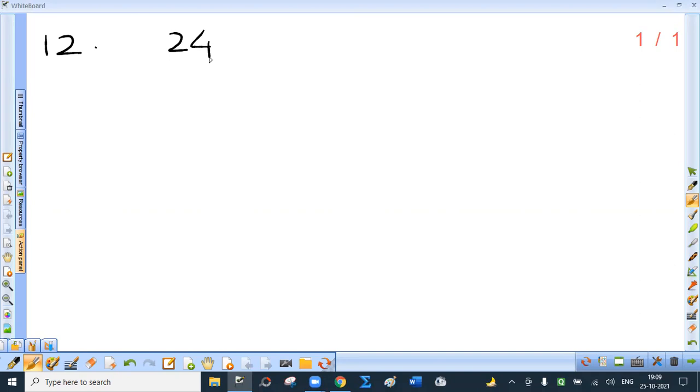Therefore, total number of arrangements equal to 24 into 6, that is 144.